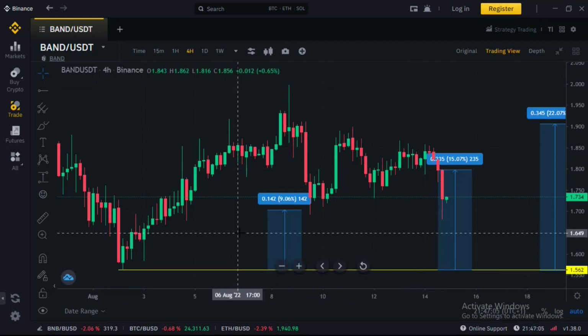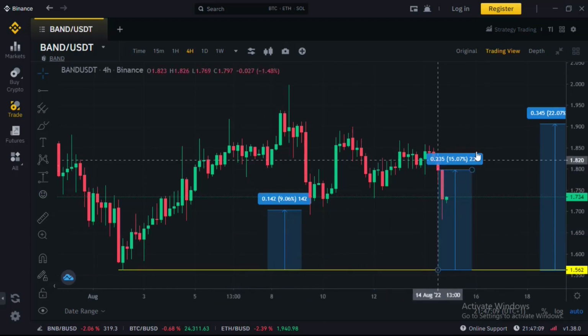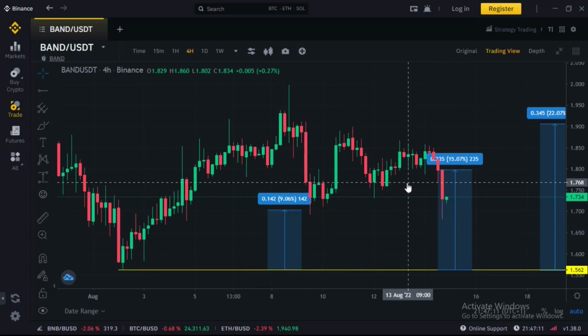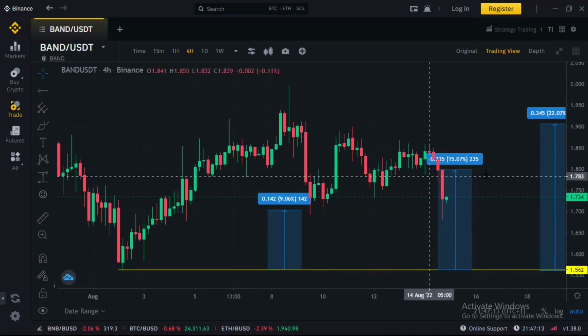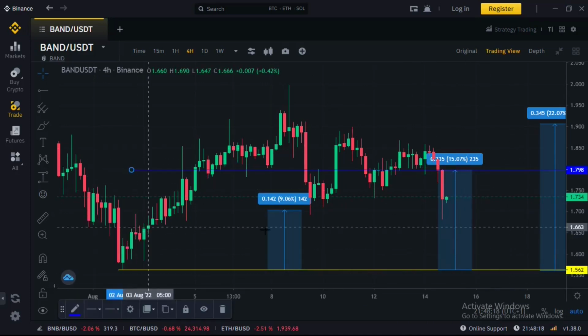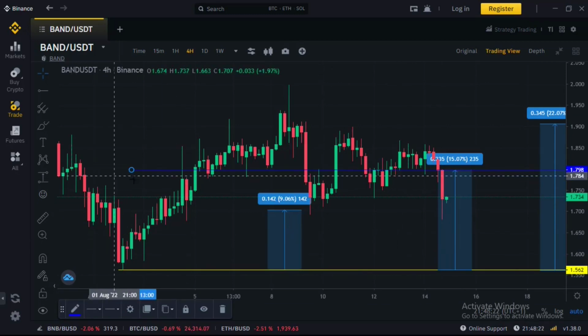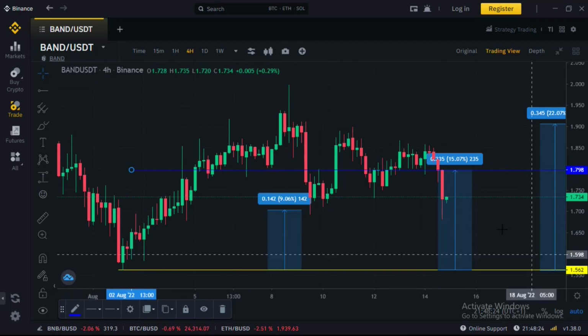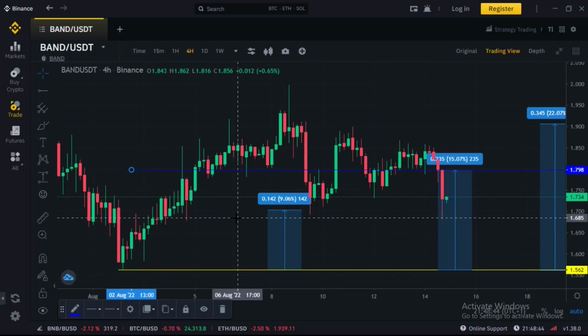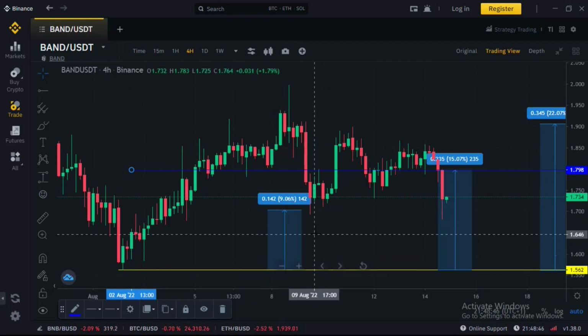So for you to get your entry price, you have to measure 15%, starting from the lowest price of the green candlestick bullish trend starter. And then use the blue horizontal line to indicate your entry price, which is $1.798.